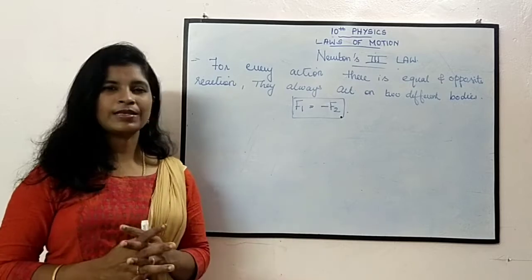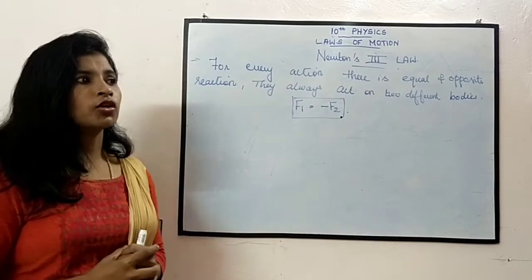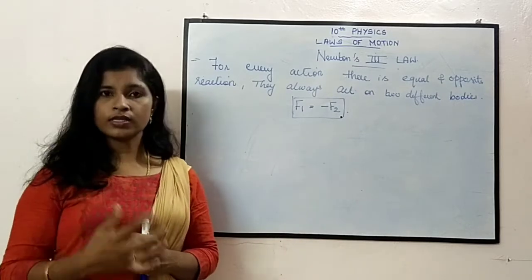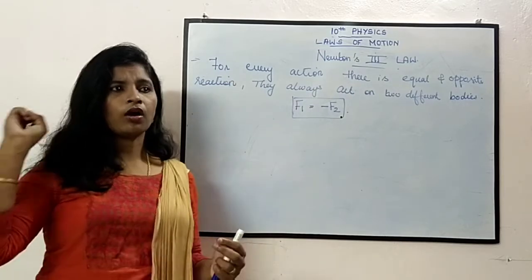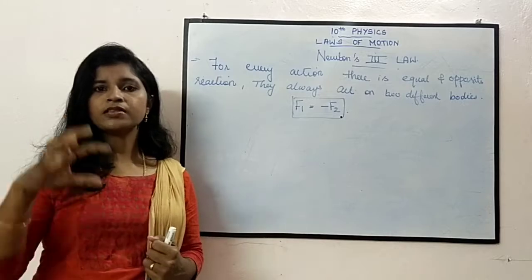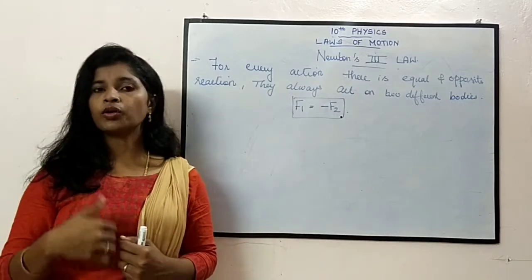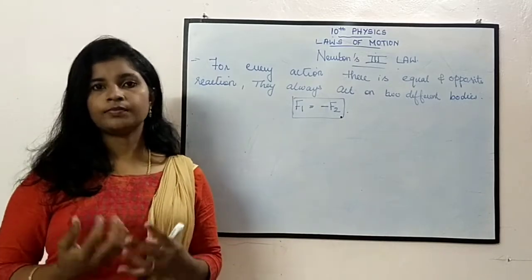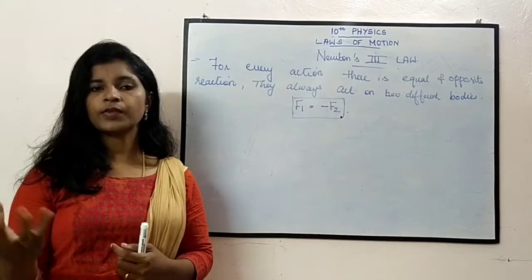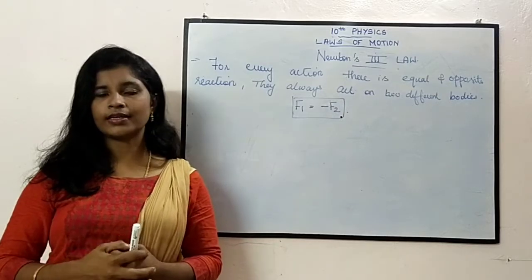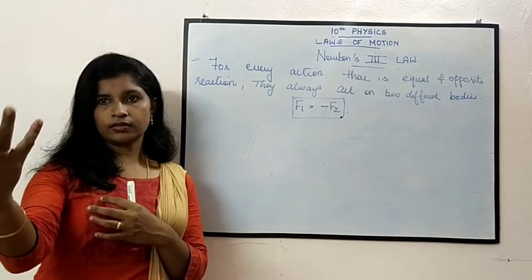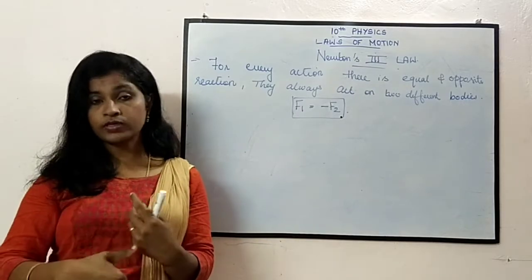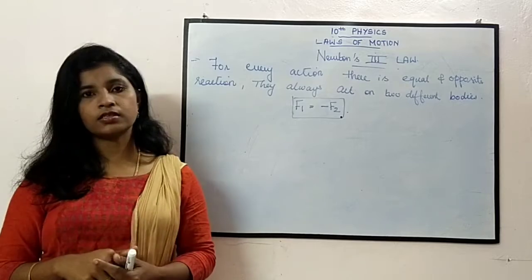Students have a misconception. You might have studied that Newton's third law means, suppose you are throwing a ball at a wall, the ball will bounce back. So you think that this is Newton's third law, that is, I am giving an action on the wall and the ball is bouncing back, so a reaction is taking place.